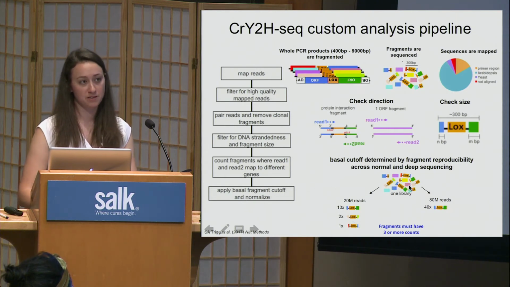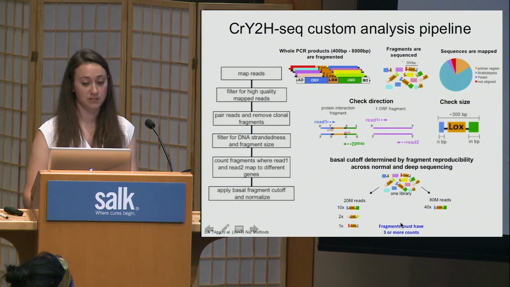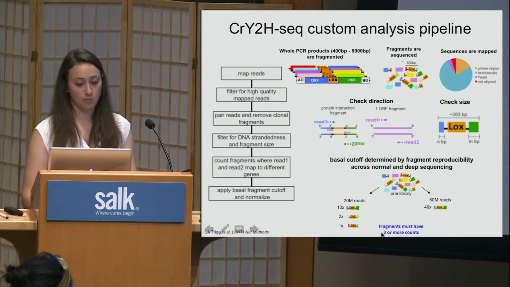To determine the basal fragment cutoff, what I did was sequence the same library twice, once at low coverage and once at high coverage. And what I saw is that fragments that only had 1 or 2 reads at the low coverage were not always reproduced in the high coverage library. So I decided that fragments have to be present in 3 or more counts to be considered an interaction.